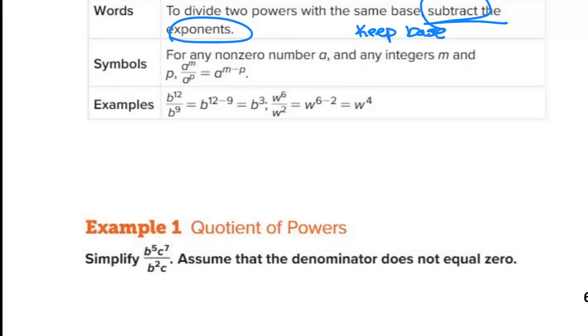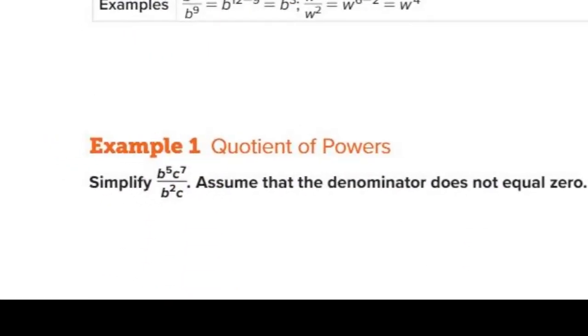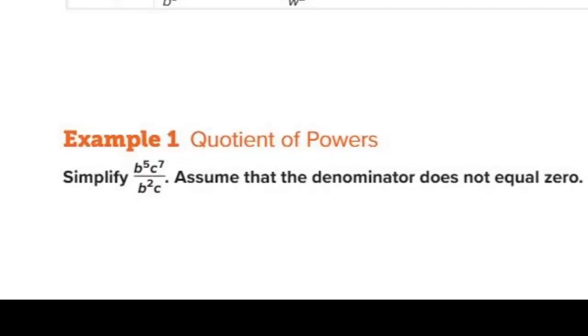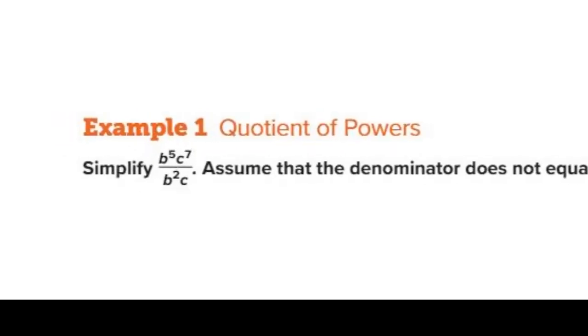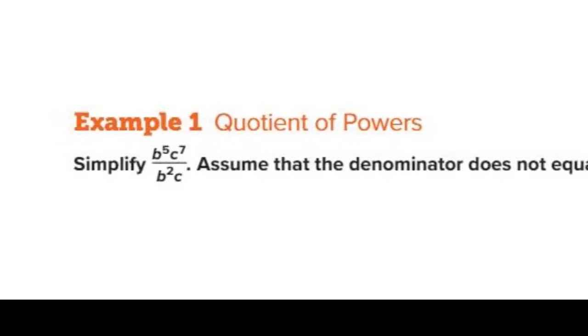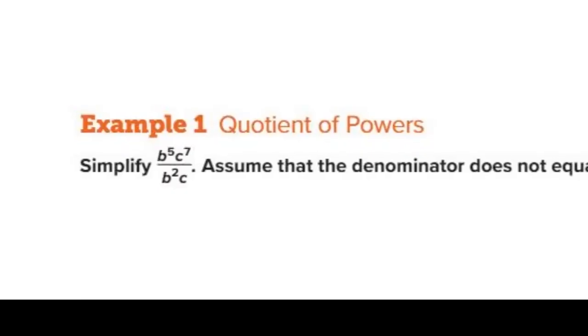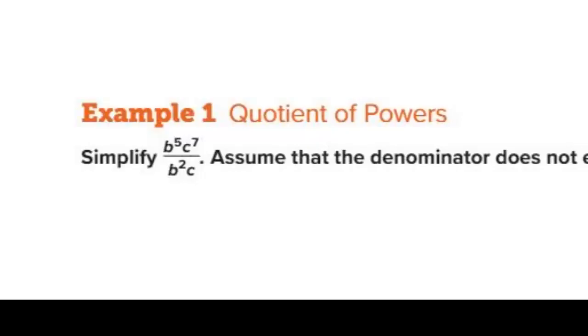So let's go down to the examples. I think this is at the top of your next page, maybe. Maybe not. Example 1, quotient of powers. So simplify b to the 5th, c to the 7th, divided by b to the 2nd, c. First of all, make sure you have an exponent on all of these.